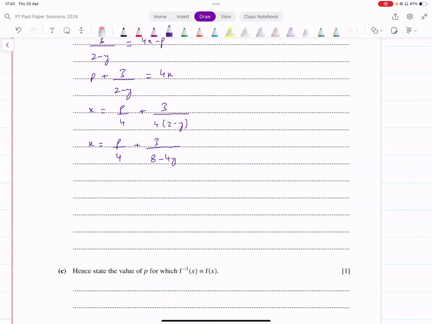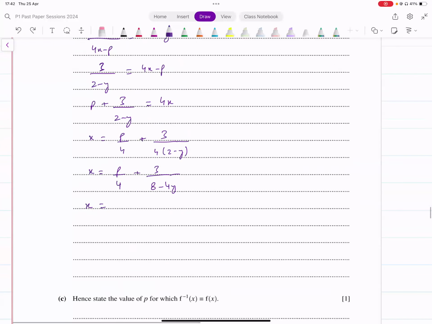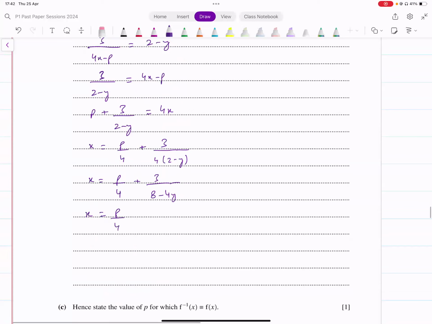What we can do is, let's take minus common from the denominator. Why? Because we want minus outside here. So we can take minus common. What does that leave us with? P over 4 plus 3 over minus into 4y minus 8. If I take minus common from the denominator, now I can put this minus sign here. And it becomes x equals p over 4 minus 3 over 4y minus 8.